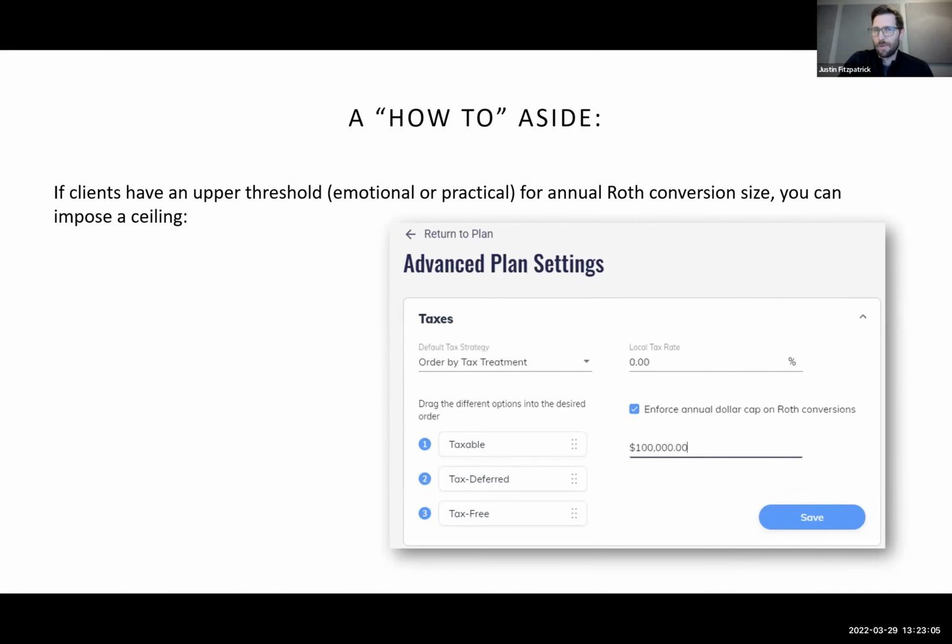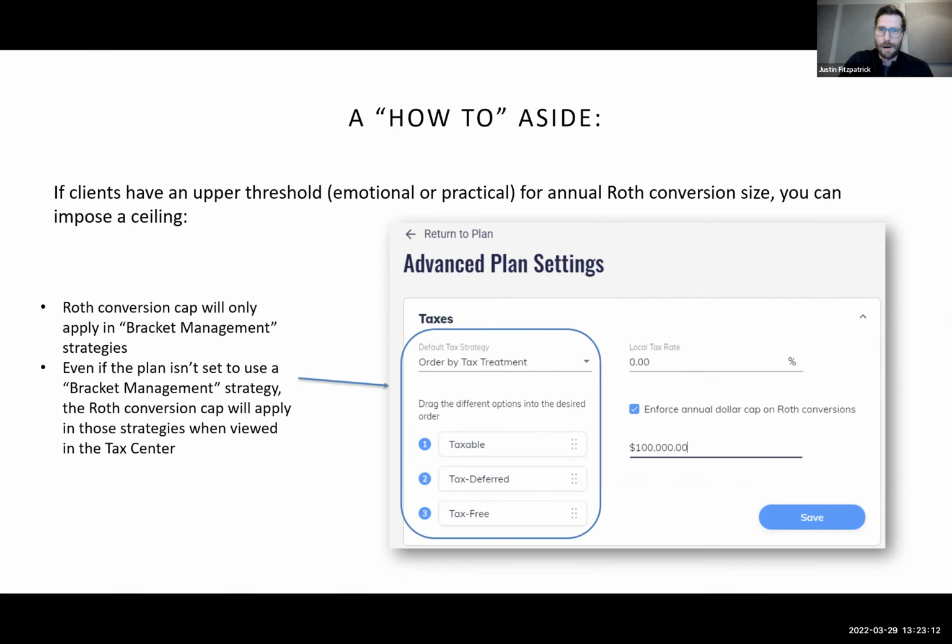Note that you can do that no matter what the plan itself has as a tax strategy. So, if it is doing Roth conversions for the plan itself, that will obviously apply. But even if it's not, the system will apply that cap in the tax center. So when you go to the tax center and explore or compare Roth conversion strategies, bracket management strategies, that dollar cap will be applied in that case.